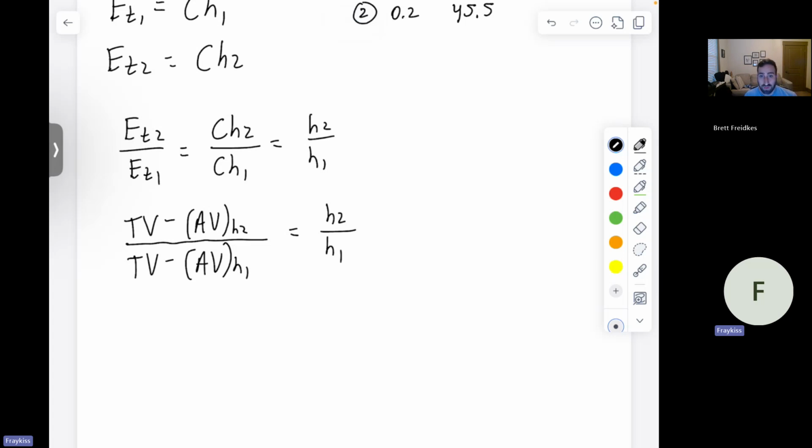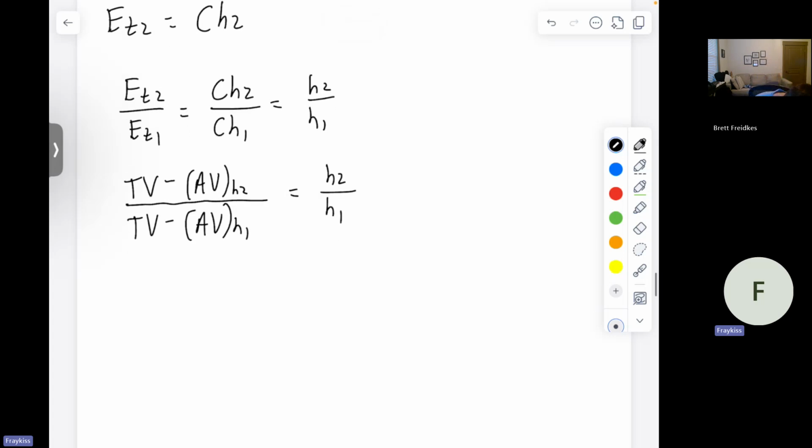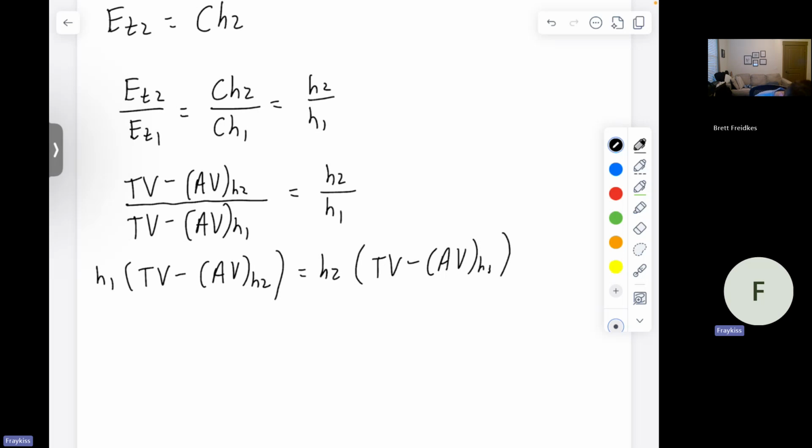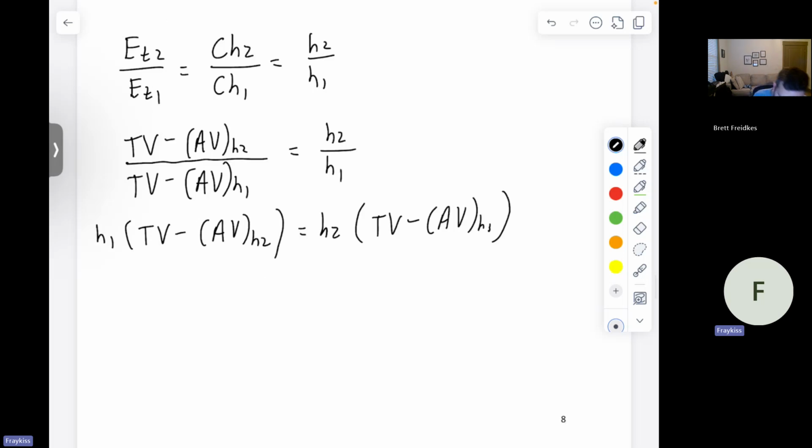And now we can go ahead and do some more algebra. I can multiply both sides by H1 and then multiply both sides by this denominator to get rid of all the fractions. So I get H1 times TV minus the approximate value at H2. It's going to be H2 times TV minus the approximate value at H1. I can distribute the H's, so I'll get TV times H1 minus H1 times the approximate value at H2.